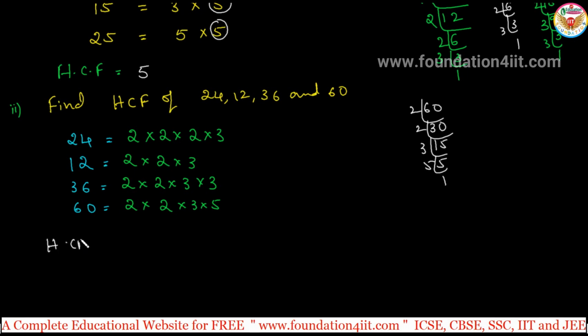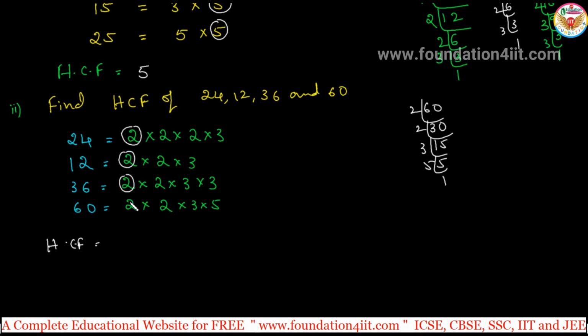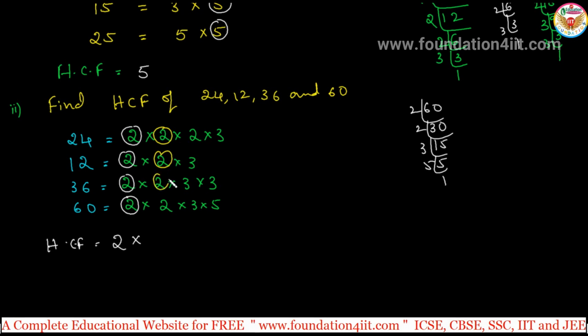So to find the HCF, the same number 2 is here in all 4 numbers, so you can circle the common numbers. 2 is there, so write it once. Again, there's one more 2 in all the 4 numbers, so write once. Next there is a 2, but it is not in all the numbers, so don't take it.